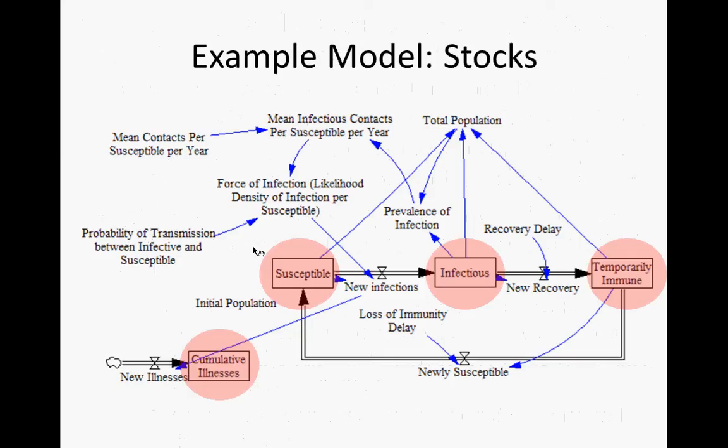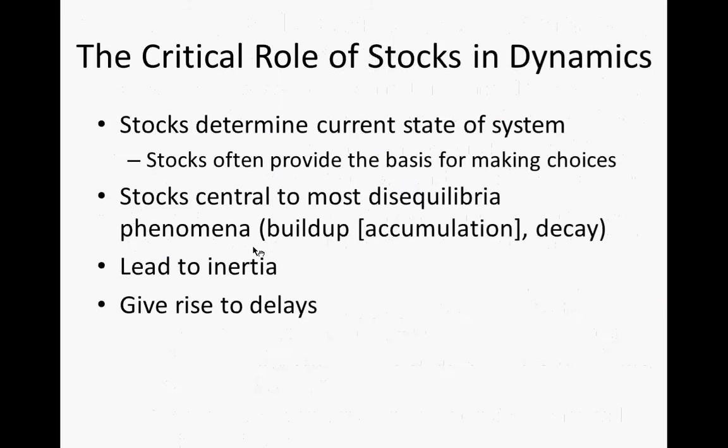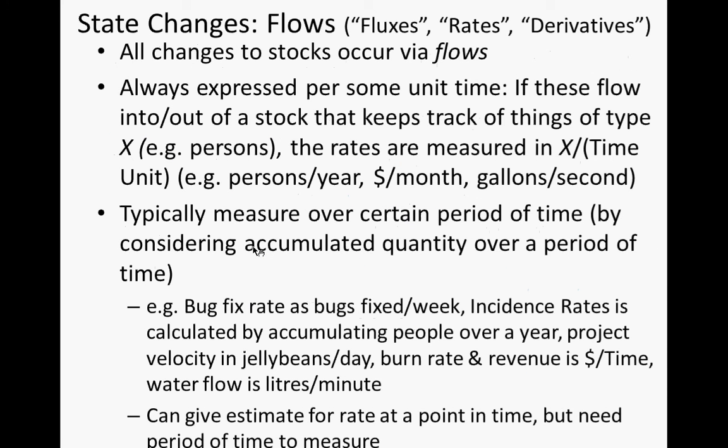And we're going to integrate up the flow times dt over some period of time. dt is measured in time, times this flow, which is people per unit time. We're going to get people. We integrate it up to get susceptible. So unit-wise, if a stock is unit X, the flows into and out of it have to be of unit X divided by the appropriate time unit.